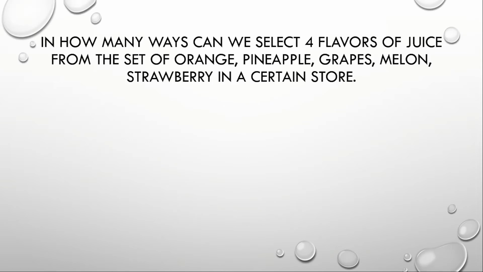So let's have the first problem. In how many ways can we select 4 flavors of juice from the set of orange, pineapple, grapes, melon, and strawberry in a certain store? The keyword here is select. Again, our formula is n factorial all over r factorial multiplied by the quantity of n minus r factorial.